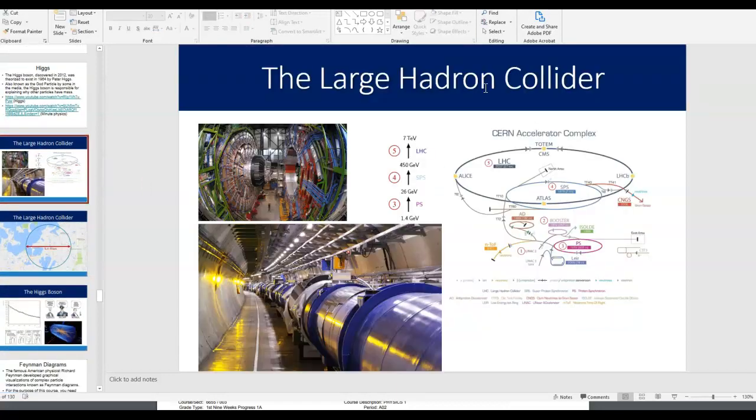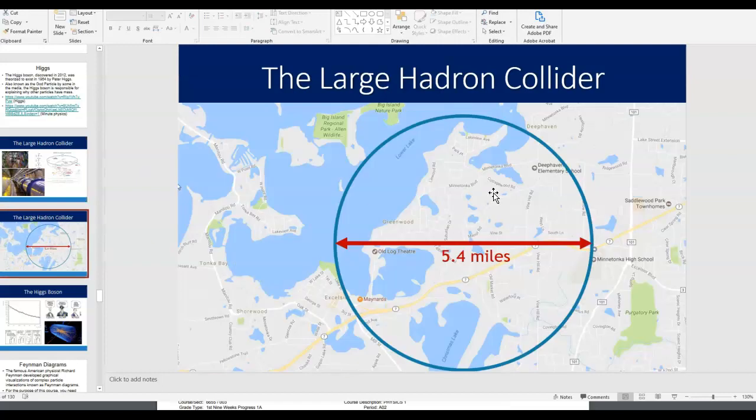You also might have heard of giant particle accelerators like the Large Hadron Collider, the LHC, which is basically a giant region where they build these machines, and they cause particles to collide together.